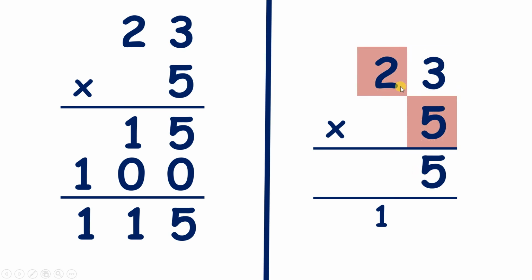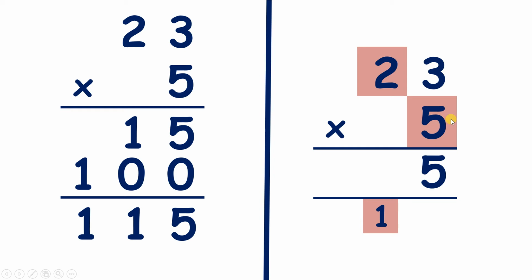Now we can move on to 2 times 5. 2 times 5 is 10, but we don't write 10 in our answer box. What do we need to do first? We need to add the 10 that we made by multiplying our units.